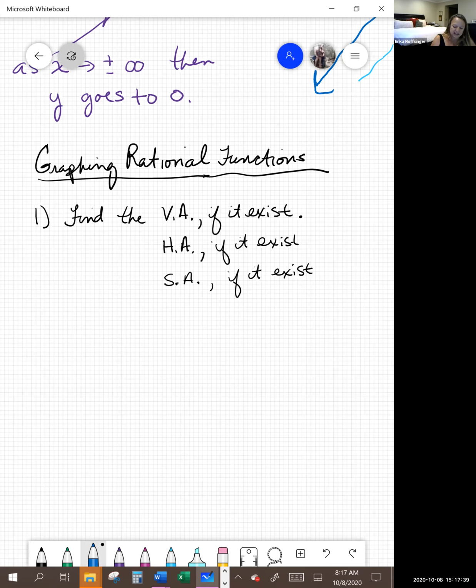If a horizontal asymptote occurs, I know a slant asymptote does not occur. If a slant asymptote occurs, then a horizontal asymptote is not going to occur. So only one of these can happen.